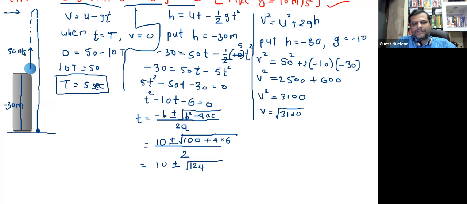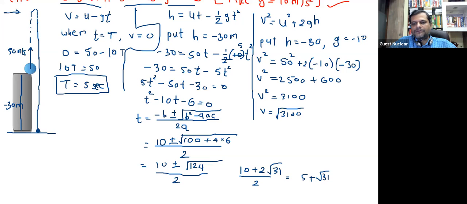Obviously minus sign will not make sense. यहाँ पे माइनस साइन से क्या होगा, नेगेटिव आंसर हमको मिलेगा, ठीक है? तो दैट विल बी रिजेक्टेड, ओनली द पॉजिटिव वैल्यू विल बी एक्सेप्टेड, एंड यू कैन गेट इट द टाइम एज 10 प्लस रूट 124 which can be written as 124 को कैसे लिख सकते हैं 4 into 31, so it will be 2 root 31, that is to be divided by 2, which can also be written as 5 plus root 31.